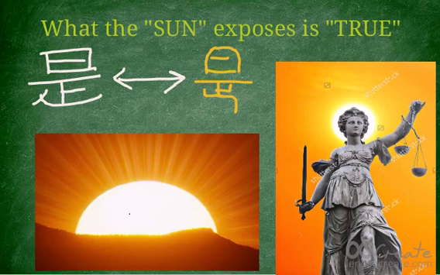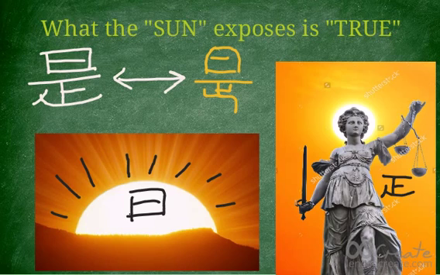So think about the essence again. What the sun exposes is true, because you have the sun right here, and you see the rays of the sun shining, and then you have the truth right here in this statue. Because if you think of it in a very simple way, when the sun comes up from nighttime, you can see everything again.